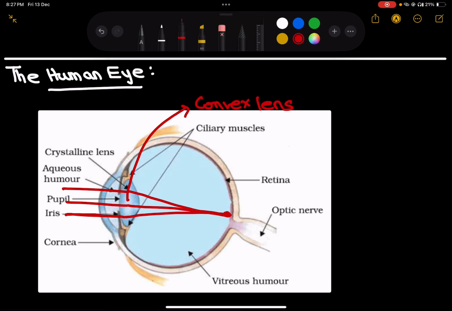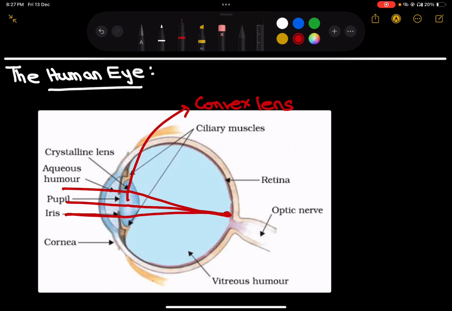It's not like the objects which are closer to our eyes we can see clearly, and those which are far away we cannot see or they are blurred. So it has to give equal weightage to everything. Hence it has to change its size, change its shape, to increase or decrease the focal length. Now how will it change its shape?